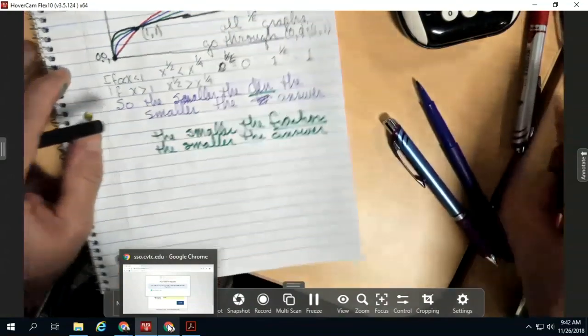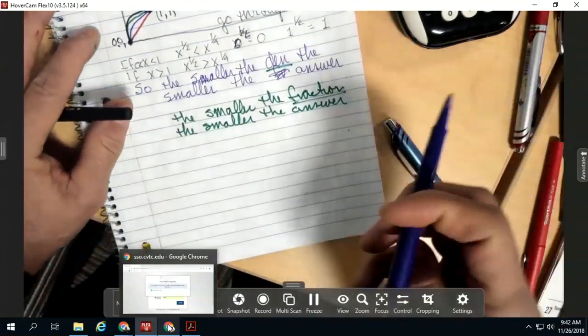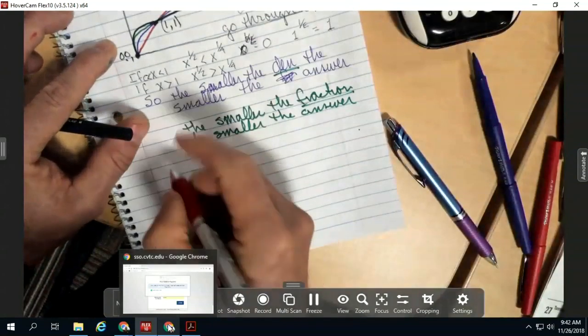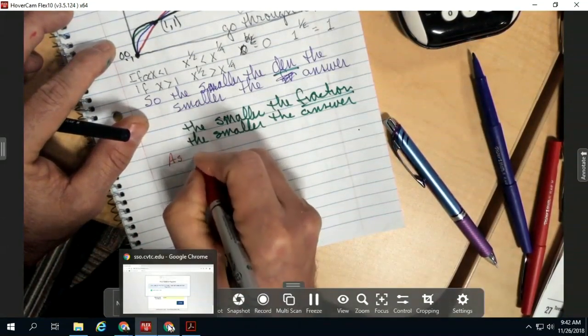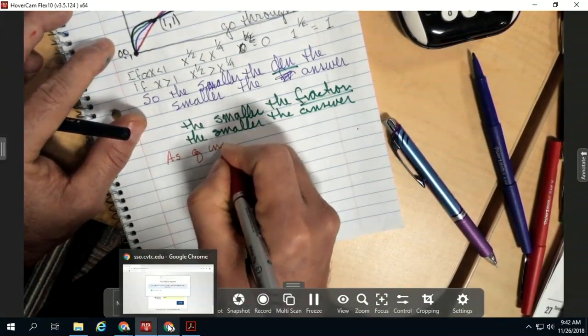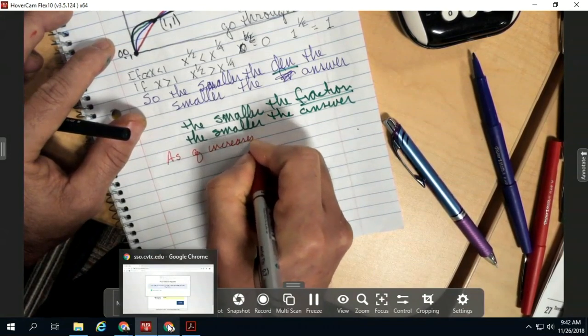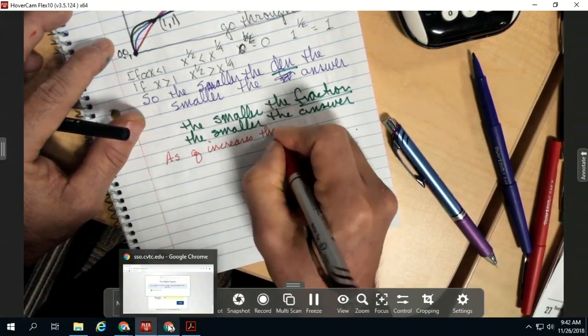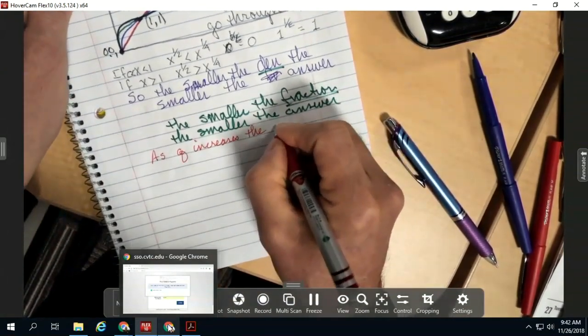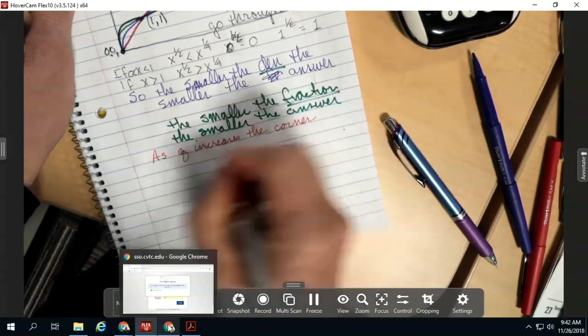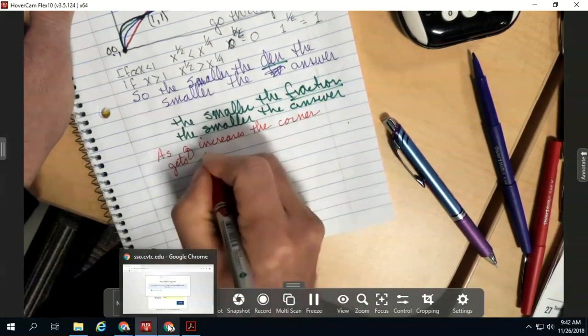Here's the best way that I think to say it. As Q increases, the corner gets sharper.